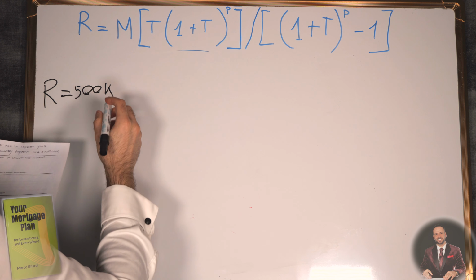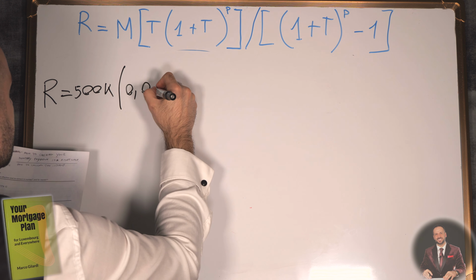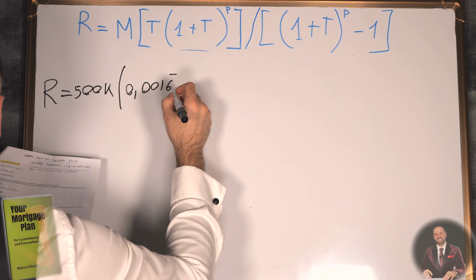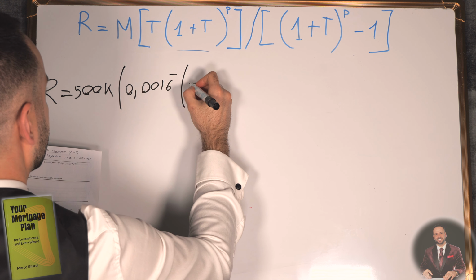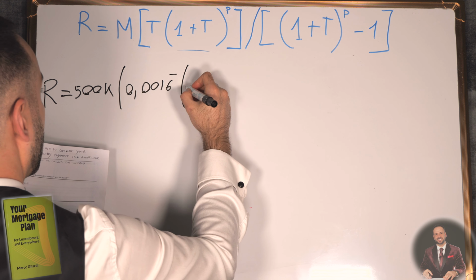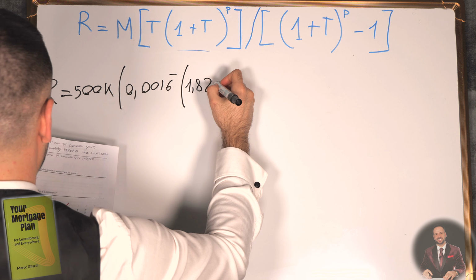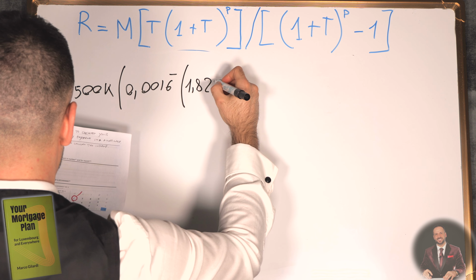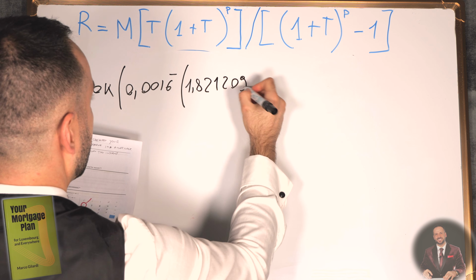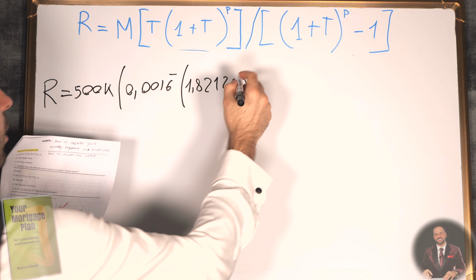So 500k, and we have now 0.0016 periodic, let's say, but here we are going to multiply by 182, and I will say to one, let me arrive until here, 1209. Of course it's not the last number which we use.